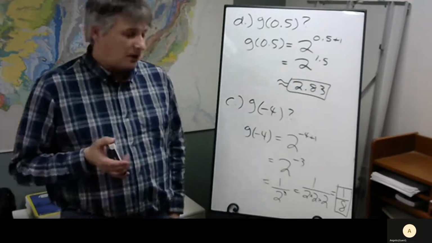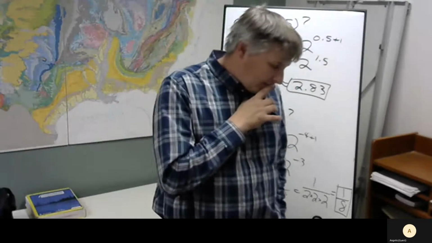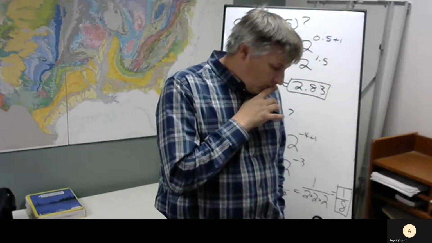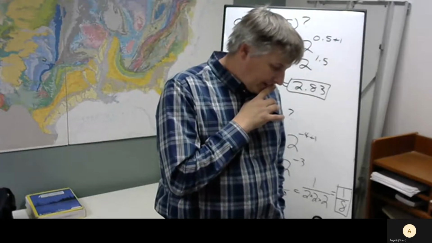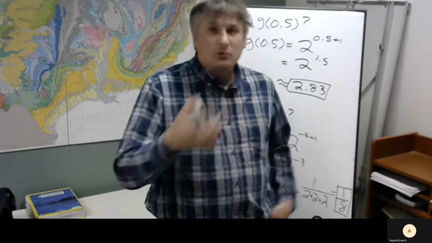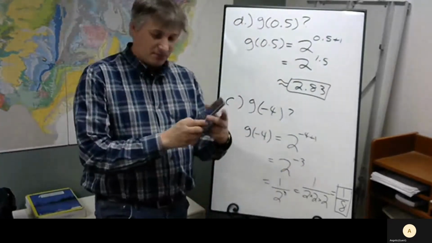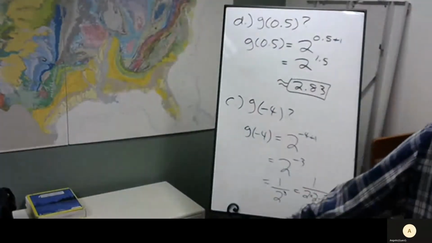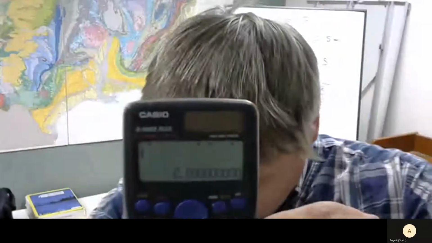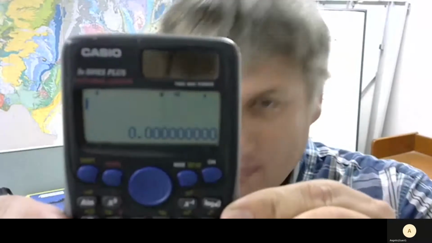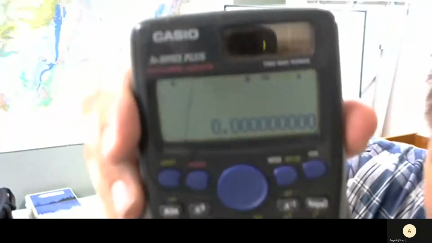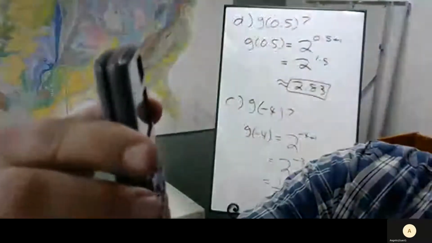One of the things we wanted to talk about when we calculate these exponents is we want to make sure that you know how to do this on your calculator. So let me show you how this works on mine. This might be a little tricky. All right, so you see my calculator.